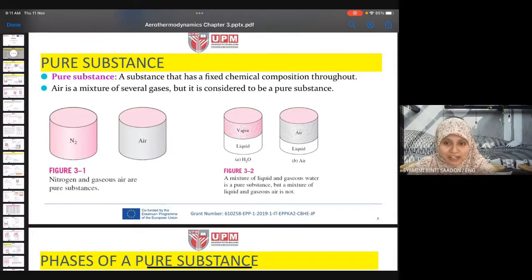Both are water, H2O. So it is still a pure substance, because this is still one substance, water. It's just that the phase is different, vapor and liquid, but it's still one substance.